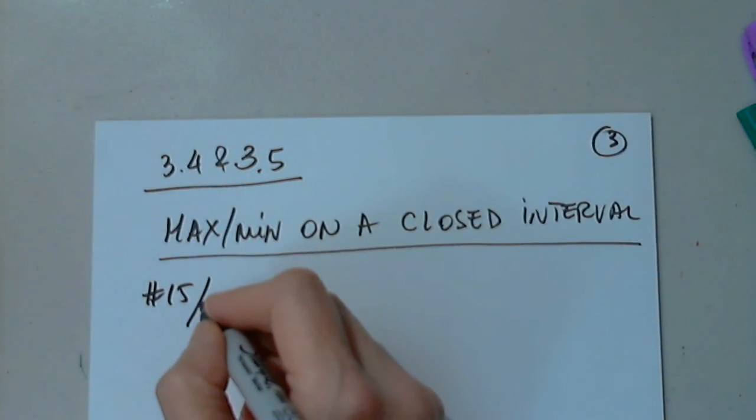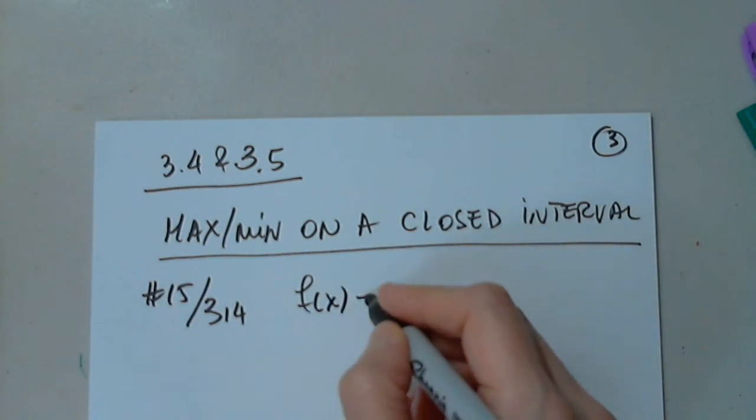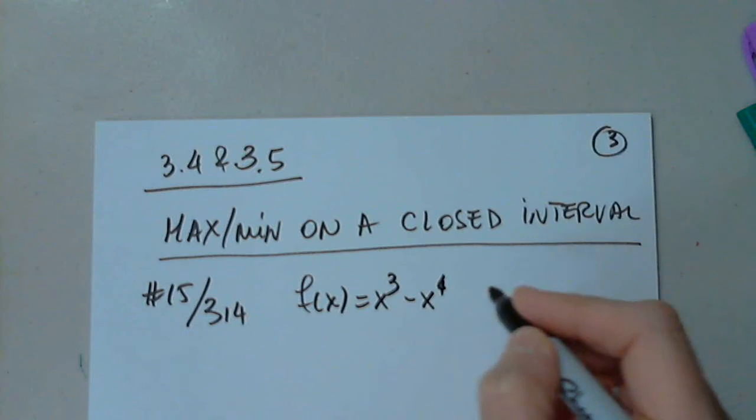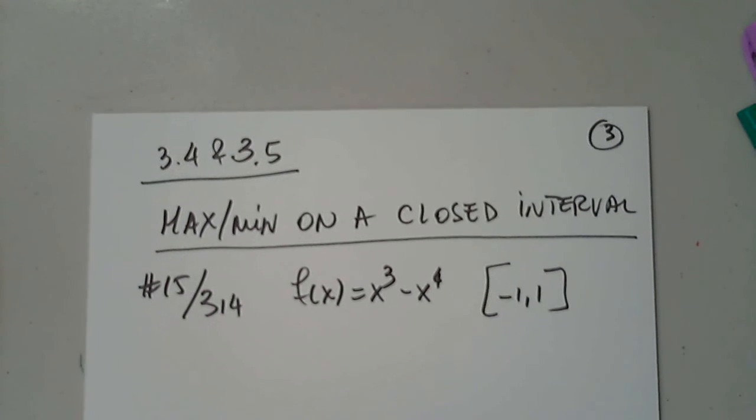So in 15 on 314, we have f of x equals x to the third minus x to the fourth and negative 1, 1. So the problem here is asking us to find not just the relative max and min, but also the absolute max and min. Okay, so let's see how we do this.